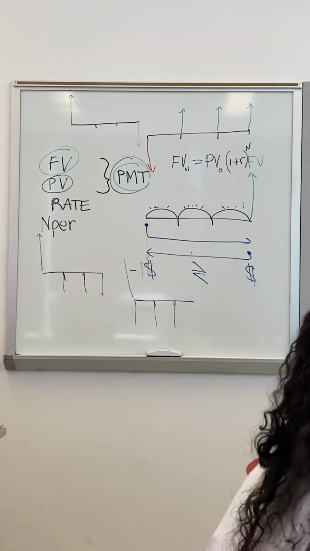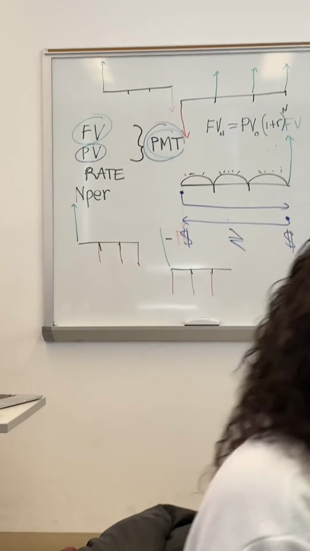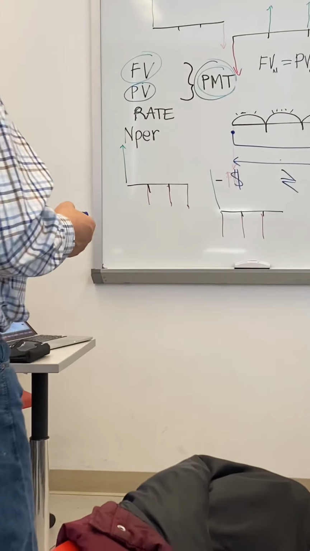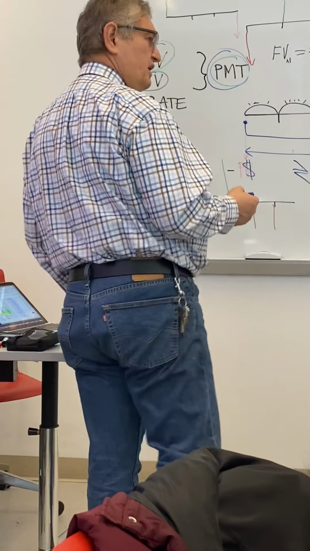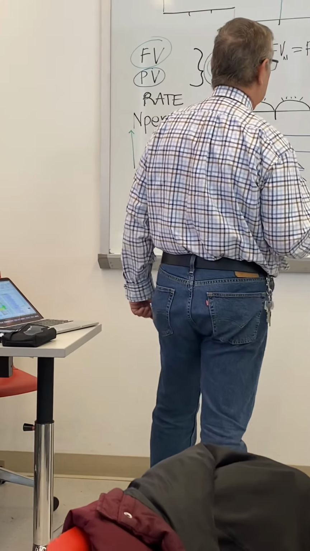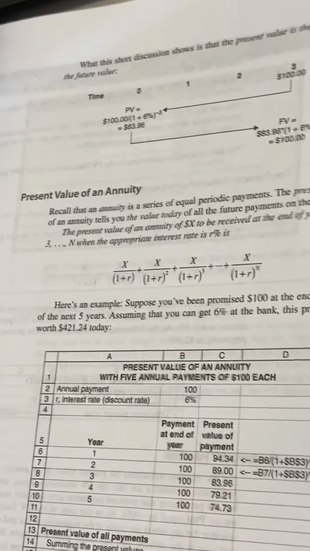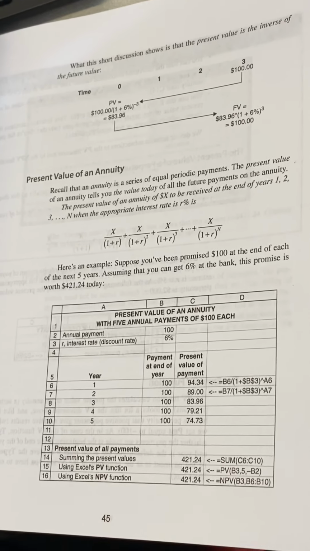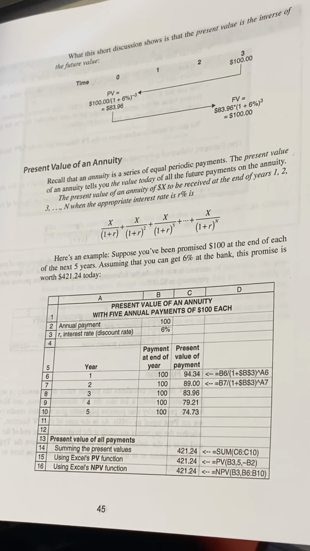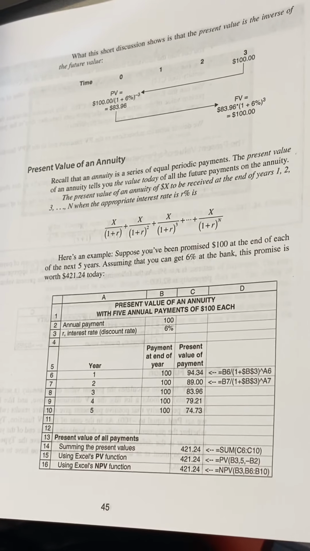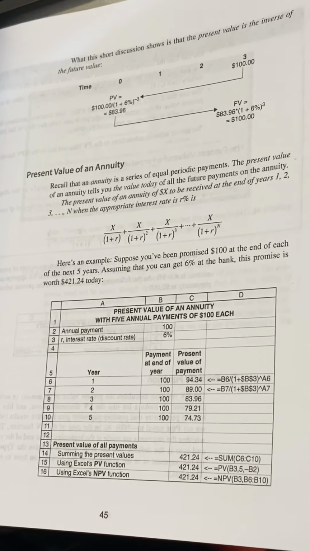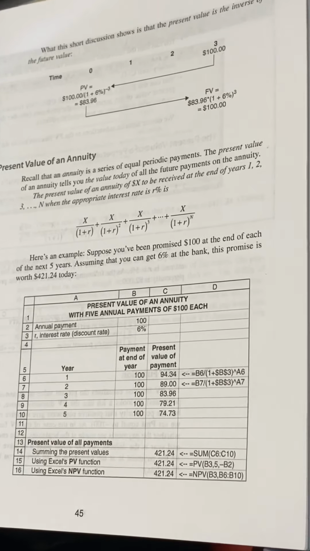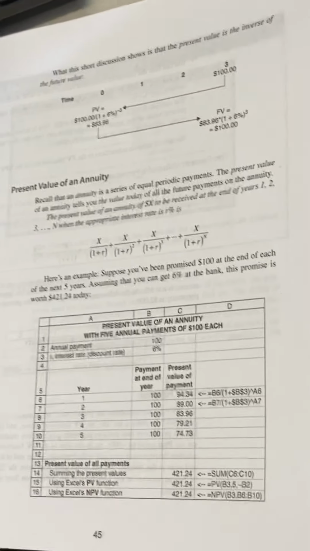I want you to look on page 45. And if you look on page 45, I want you to tell me what is happening to the formula you have, page 45, for the future value. Is it correct or not? Christy says that formula is correct.